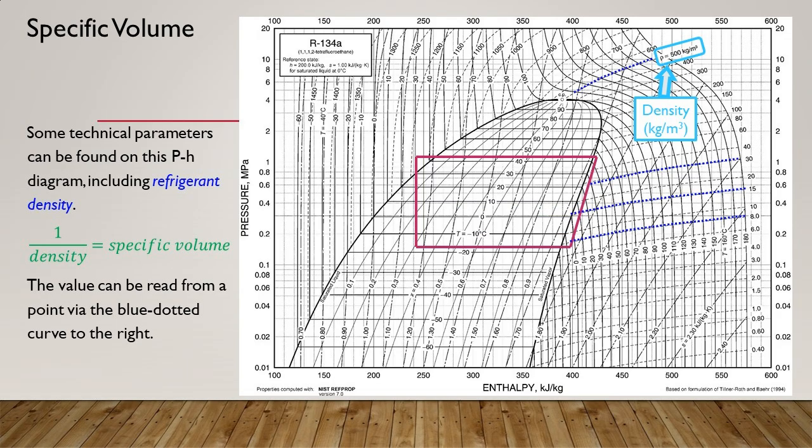Look at the top corner on the right-hand side of the pH diagram. You will find the curves of refrigerant density, which are highlighted as blue dotted curves here. The value of specific volume of refrigerant can be obtained by simply taking 1 over density.